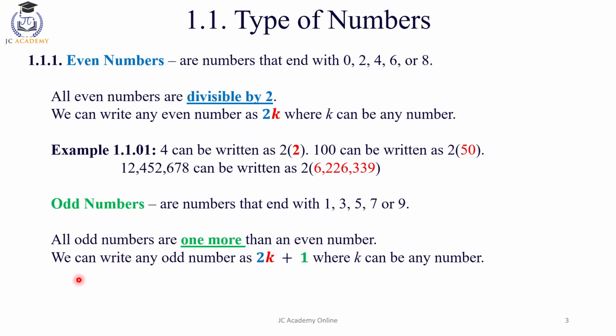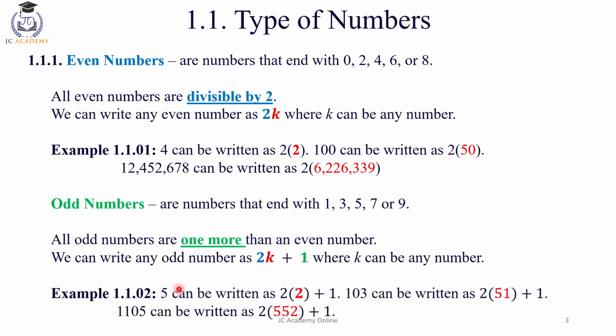So we can write any odd number as 2k, which is an even number, plus 1, where k can be any number. Let's look at an example. The number 5 can be written as 2 times 2 plus 1. The number 103 can be written as 2 times 51 plus 1.